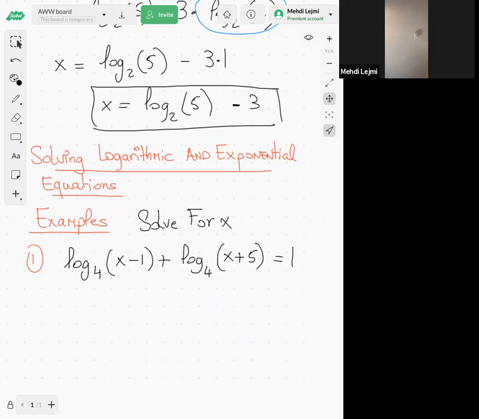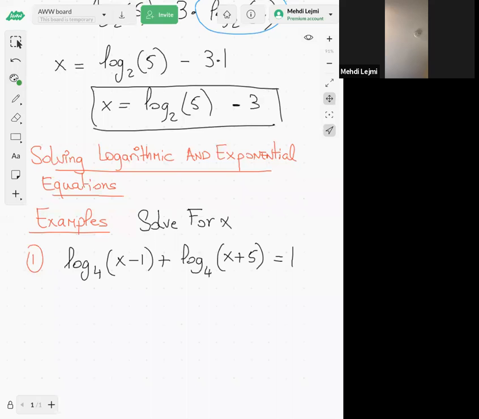So the first step to solve such an equation would be to combine all the logs in just one log, and then you get rid of the log by using the exponential.